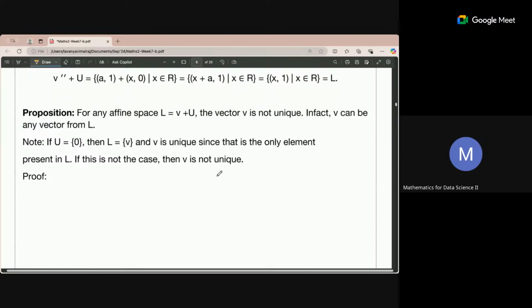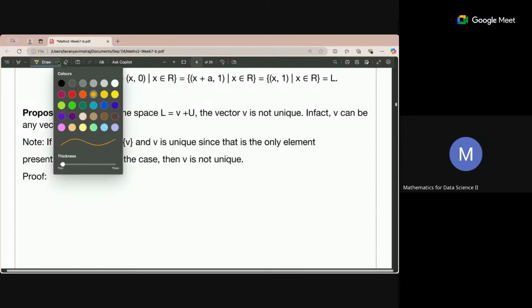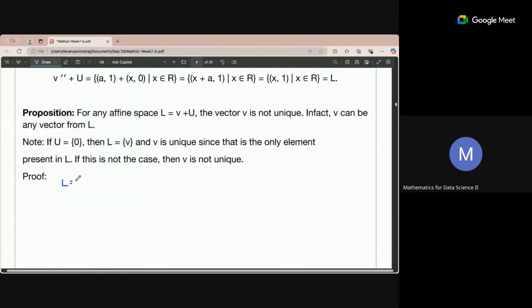How to see this? Let us say you already have L equal to V plus U. Now take another element from L, maybe we call it V'. Since it is in L, we can express it in this form.